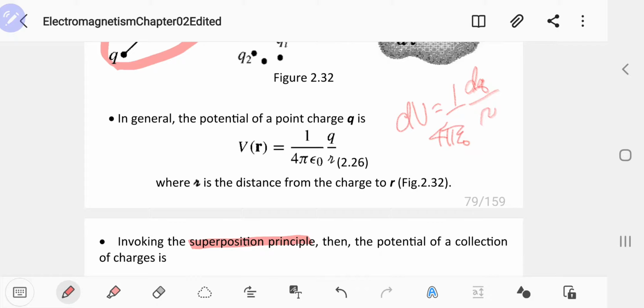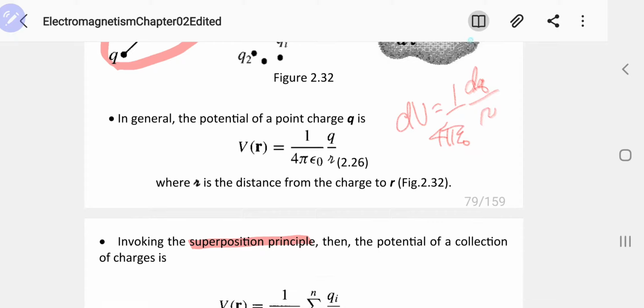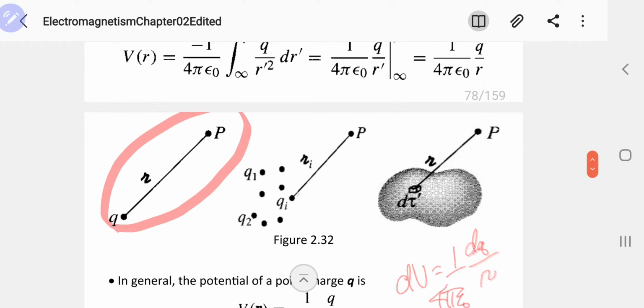R, as I've told you, the script R is the distance from the charge q to the point P where you are measuring the electric potential. So it's the point P here.